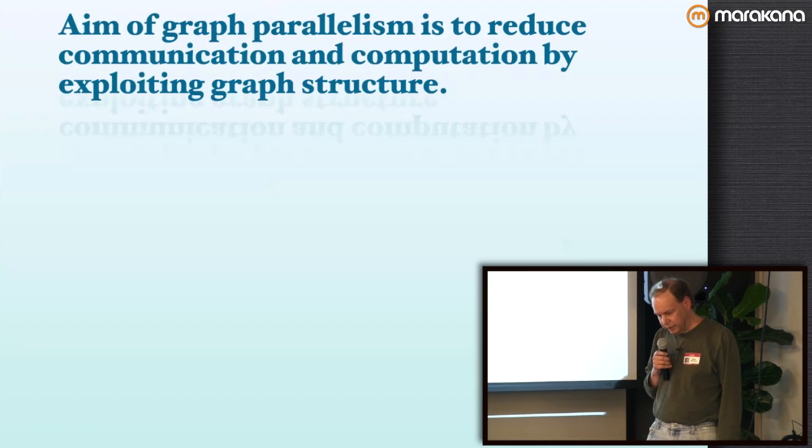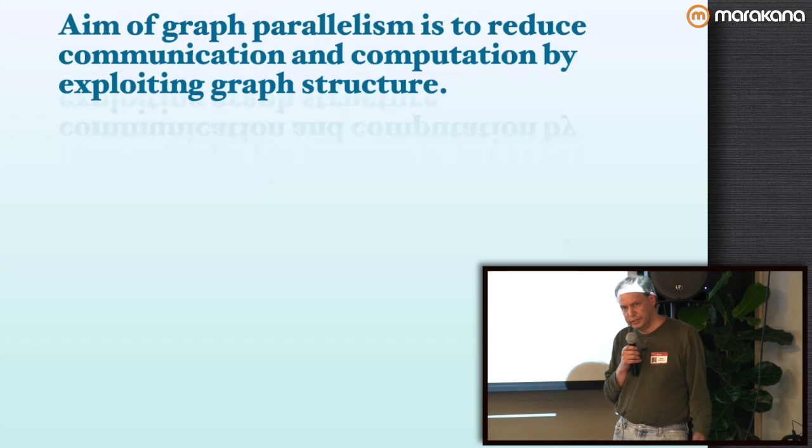The aim of graph parallelism is to reduce the communication and computation by exploiting the graph structure itself. Like I said, if you try to write these algorithms using the normal Hadoop primitives, you end up doing a lot of extra computation and communication across all these nodes, because Hadoop fundamentally wants to scan through the entire set of data and do something to it instead of being able to work with a reduced set.